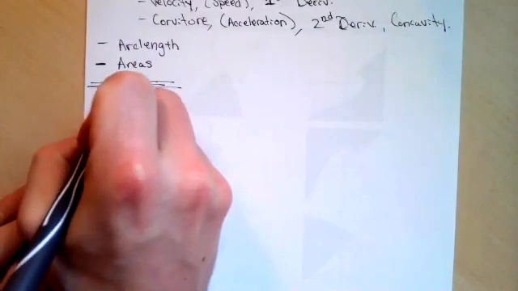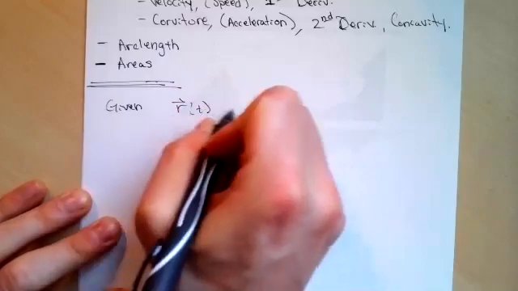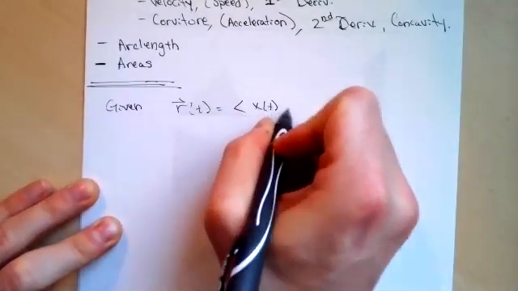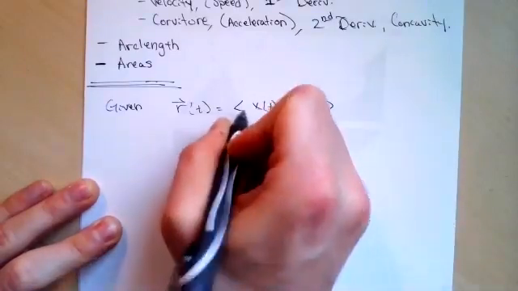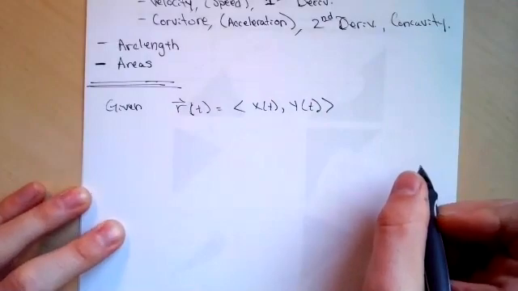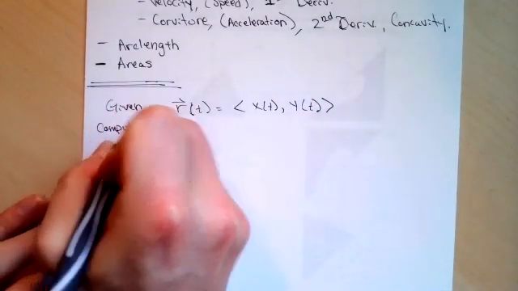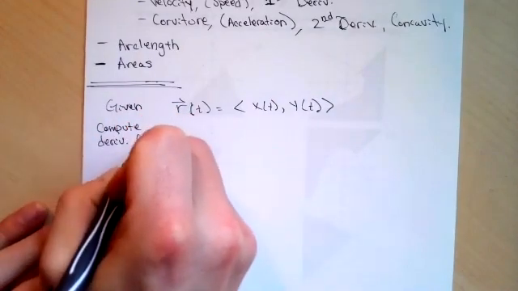So given a parameterization, which I'm going to write as R of t, an ordered pair of our x parameterization and our y parameterization, what we can do is just compute derivatives component-wise.